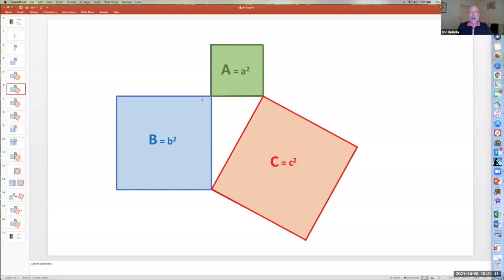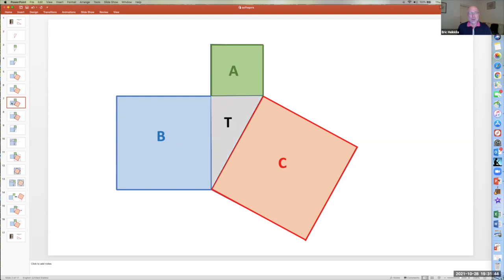So an equivalent rephrasing of the Pythagorean theorem is that the area of the square A and the area of the square B is equal to the area of the square C. Well, that's interesting. Does it get us any further? Can we prove that indeed that's the case?